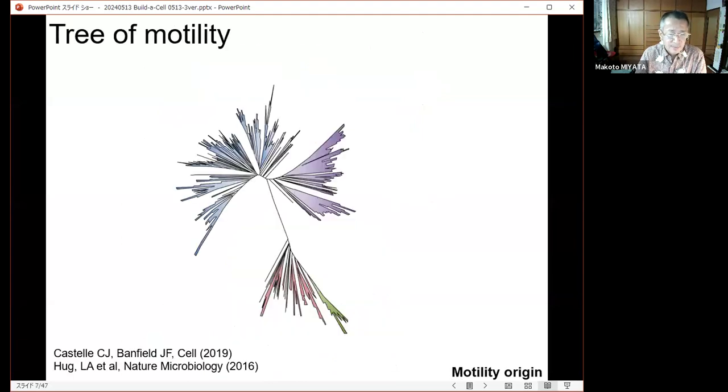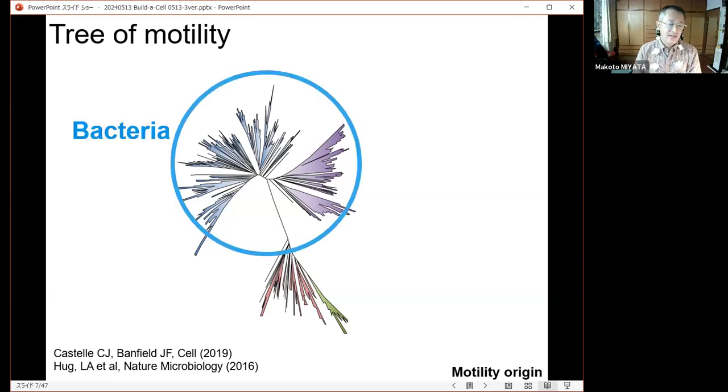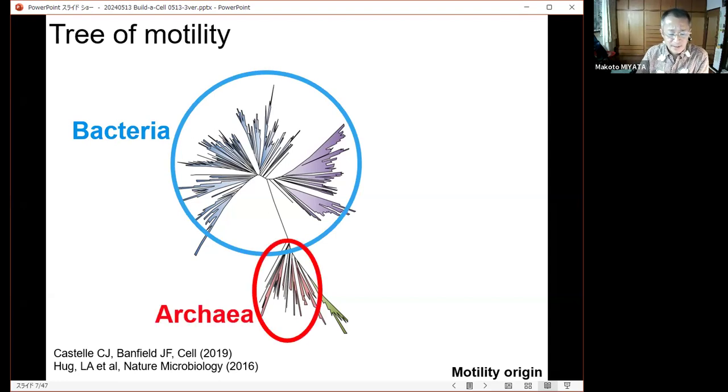This is the phylogenetic tree of all the organisms on Earth based on genome sequencing information. Here are the radiations of the bacteria, and here are the radiations of the archaea, and this is a branch of the eukarya.